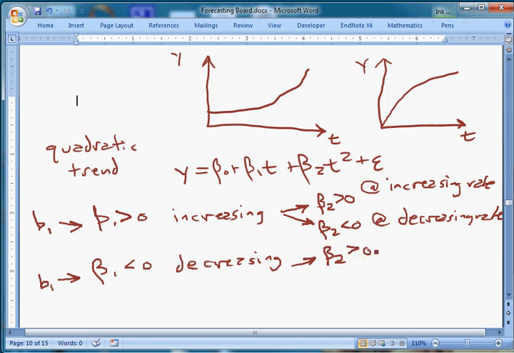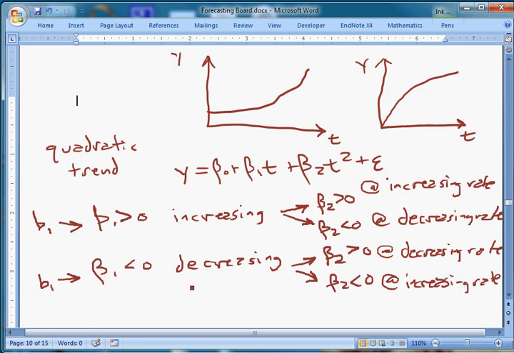So that means it's decreasing at a decreasing rate. It's decreasing by less every time. And if beta 2 is less than 0, it's decreasing at an increasing rate, meaning it's getting further and further down, right? It's plummeting. This one right here might be leveling off, like that.